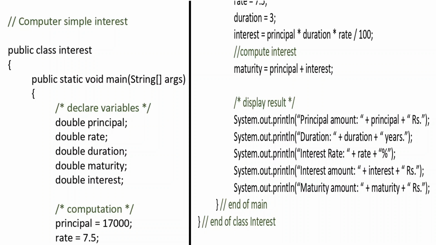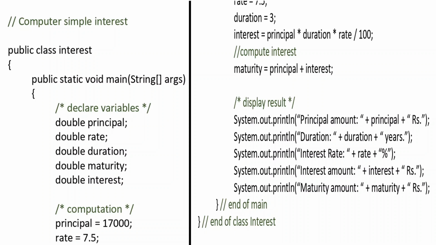And you know that in Java, to display something on screen, we have system.out.println, and make sure the S of system is capital. System.out.println, whatever is within inverted comma, you know that it will be printed as it is on screen. So principal amount and colon, that will be printed as it is.